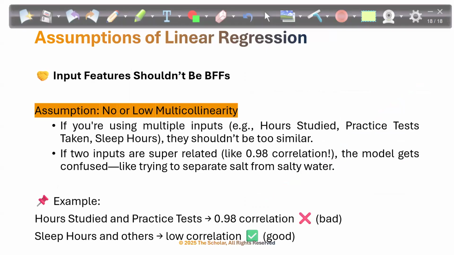There should not be any multicollinearity, or I can say there should be low or no multicollinearity. Now, what does that mean? If you are using multiple inputs... As of now, we only discussed that I want to predict the marks based on the hours I studied.